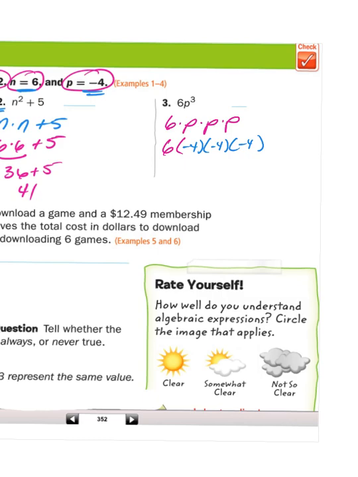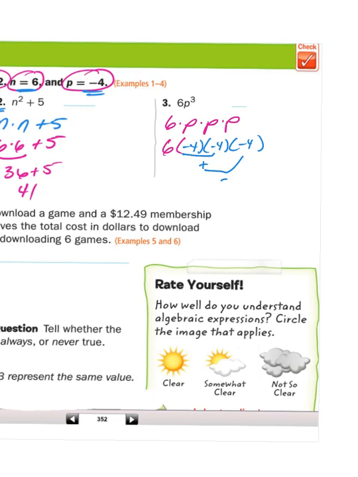Now by now, when we've talked about integers, we should see that a negative times a negative is a positive, and a positive times a negative is going to be a negative, and a negative times a positive is a negative. So this is all going to be negative. And we can see we have an odd number of negatives.